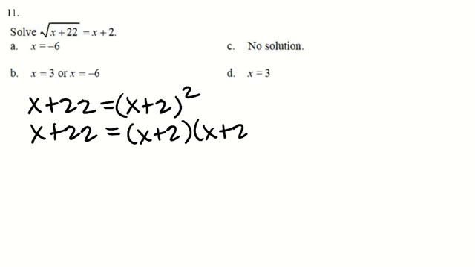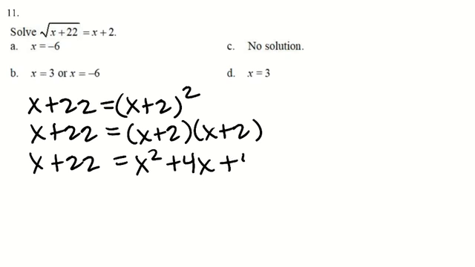When I actually go to square that, I'm going to have x squared, 2x and 2x is 4x, and 4. If I'm going to solve this, I have to set it to 0, so I'm going to say 0 is x squared, I'm going to subtract an x, and I'm going to subtract 22.